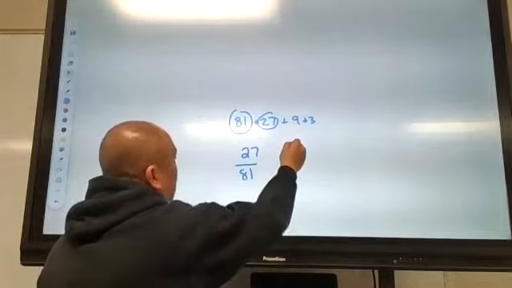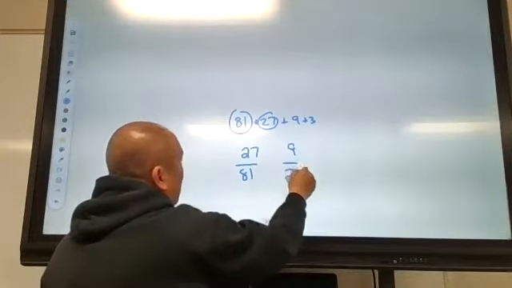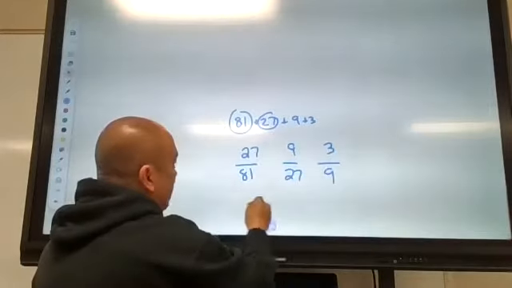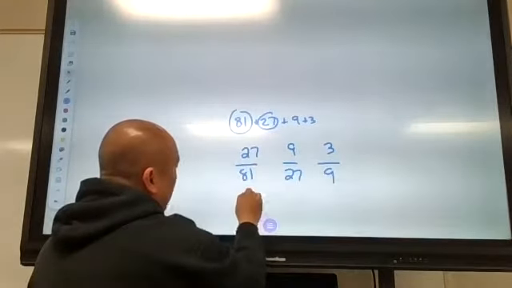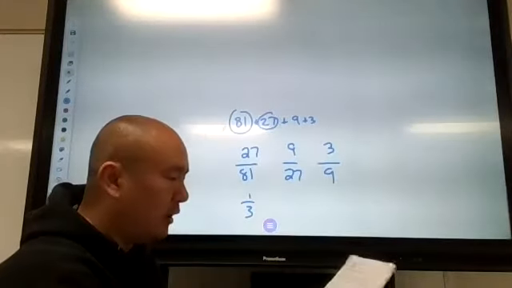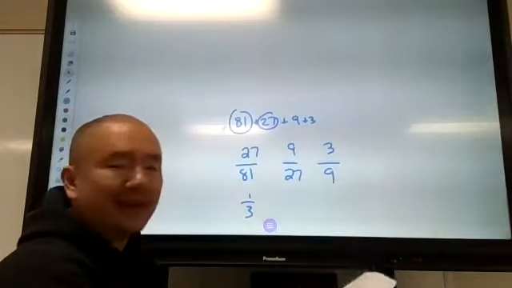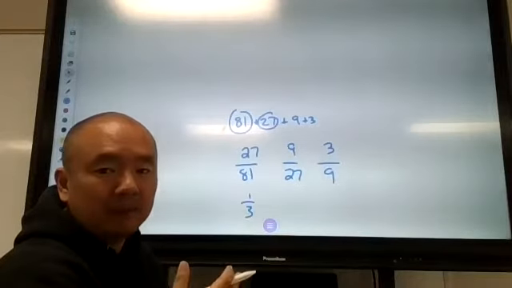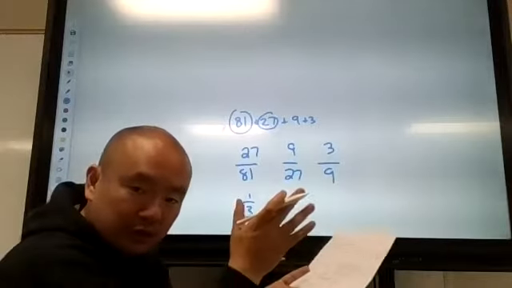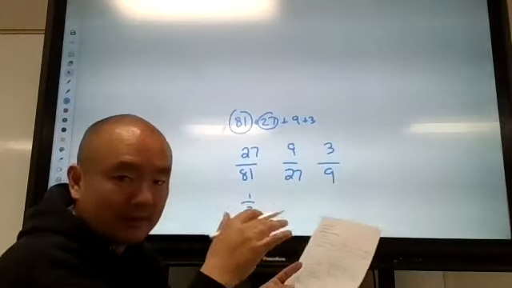You can also do 9 over 27 or 3 over 9. If you simplify, it's 1/3. Since the ratio is 1/3, that means the series is going to converge. It's going to get closer and closer to the 0 mark, the x-axis, when you graph it.